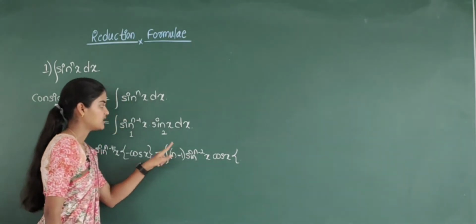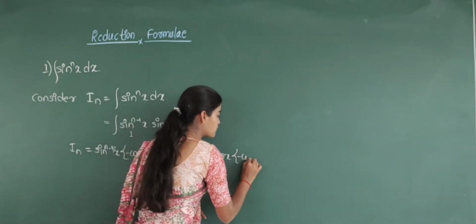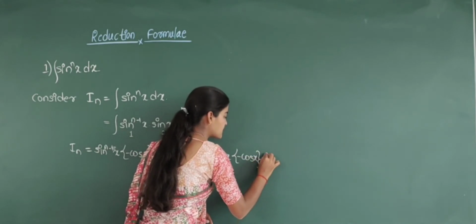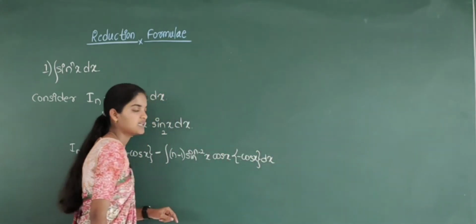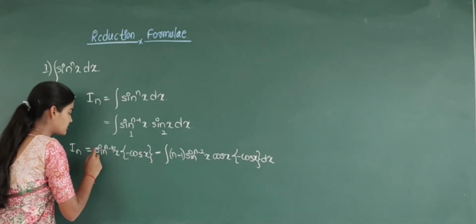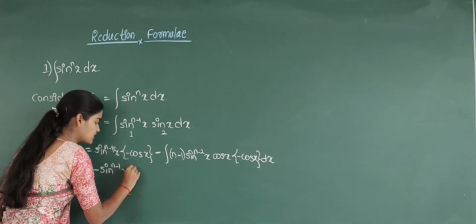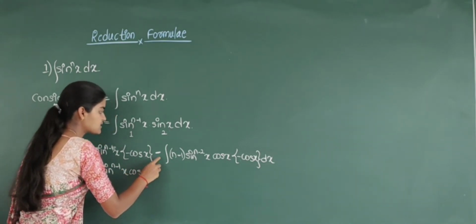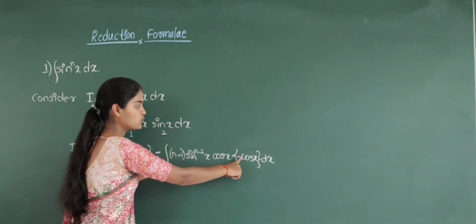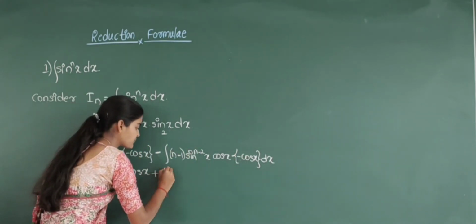Then again into the integration of the second function, that is minus cos x, and dx as it is. Now plus into minus, in total I will write it as minus sine raised to n minus 1 x cos x. Then minus, and one more minus sign is inside, so taking it outside it becomes plus.